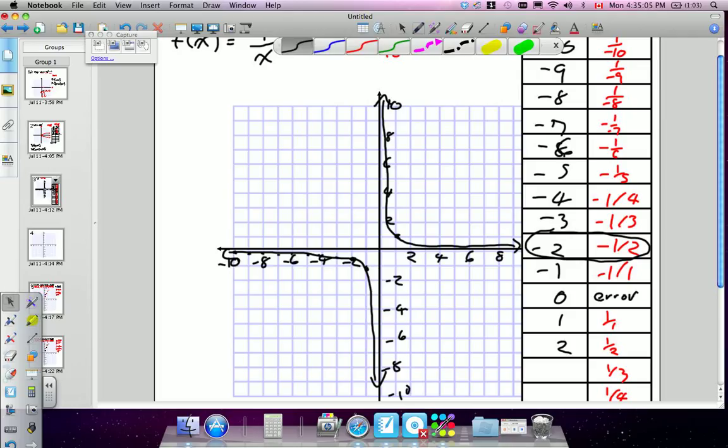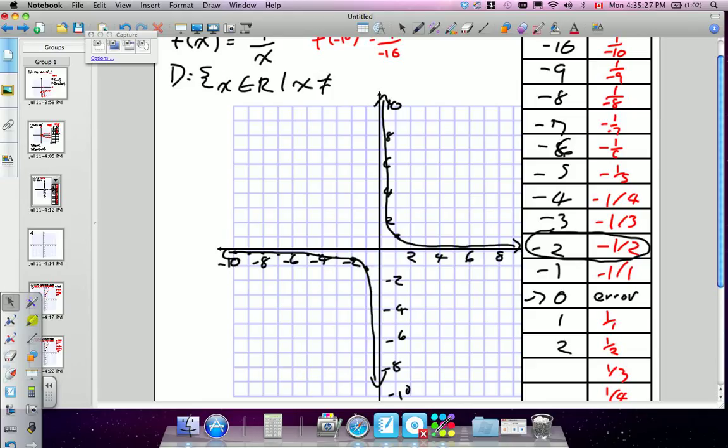Our domain and our range are going to be very similar. Our domain is X is a set of all real numbers such that there's one restriction. It doesn't exist at one point. What point doesn't it exist at? At 0. So, such that X cannot equal 0.